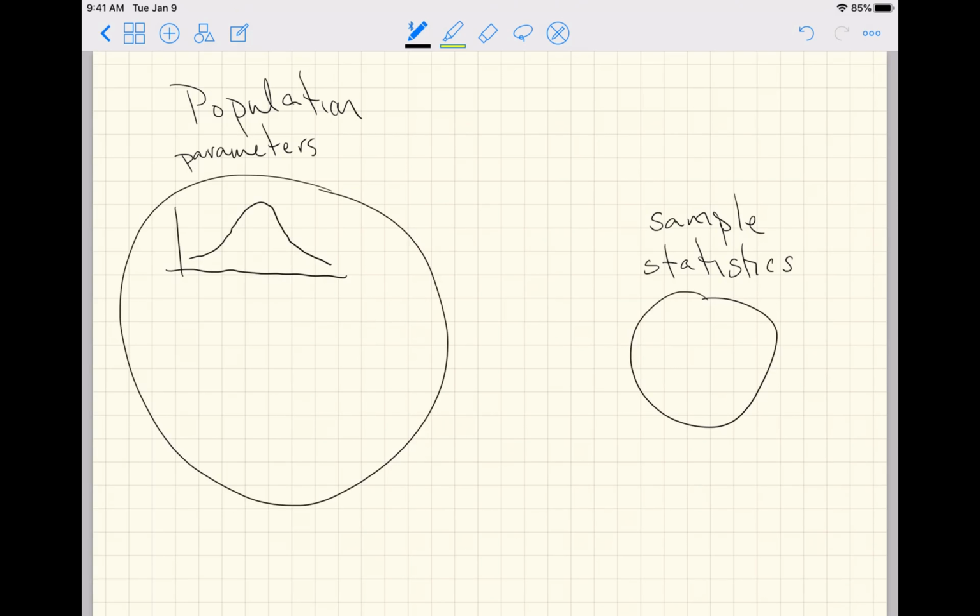That is, we assume the population follows some shape that we call a distribution. And the population has a parameter like a population mean. And so when we sample a bunch of data from the population, we estimate the population mean with the sample mean, mu hat. Mu hat is our best guess of the population mean.